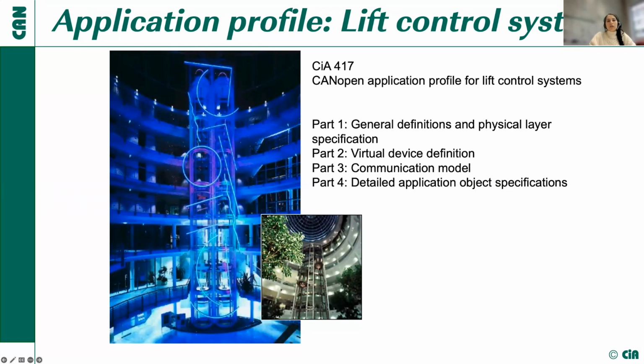I would like to talk about one specific application profile that is one of the most popular, that is 417. This application profile is for lift control systems. All the necessary communication and mapping parameters for a lift control system are specified in this document.